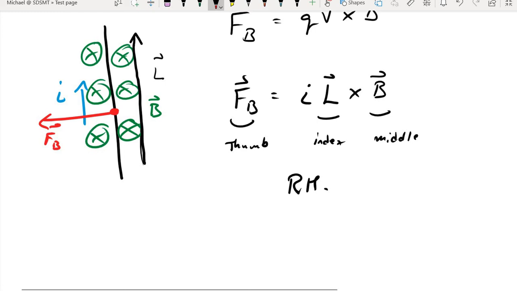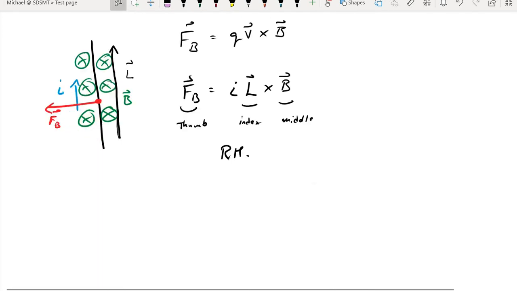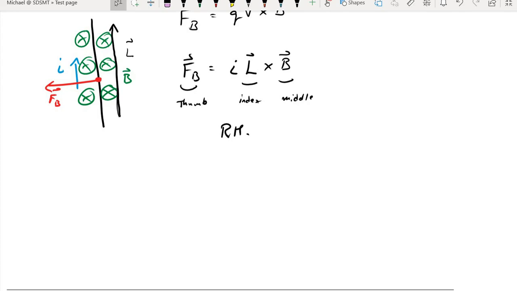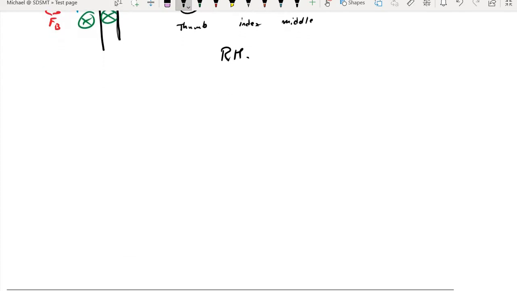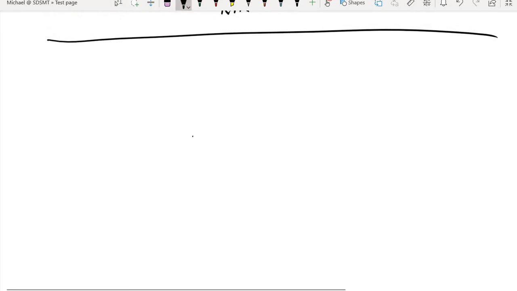So we want to take this idea of forces that act on current carrying wires, and we want to develop it a little bit further. And what we're going to do is make a coil of wire. I'll have to redraw that part.